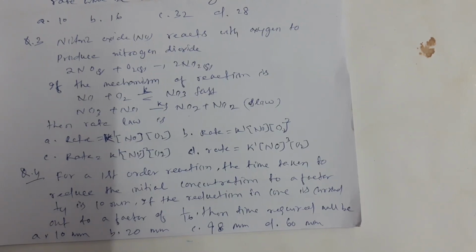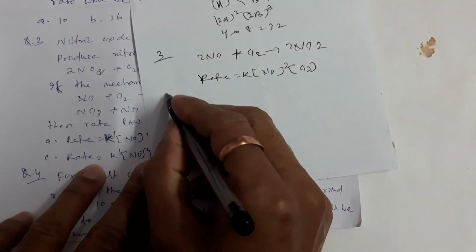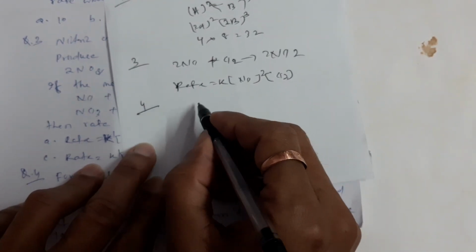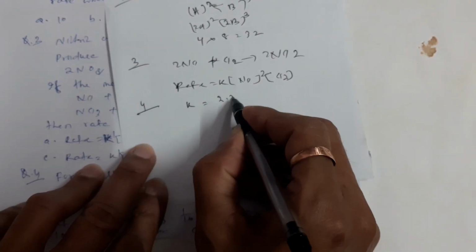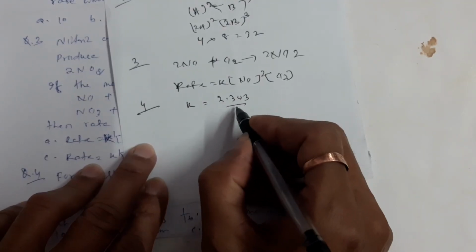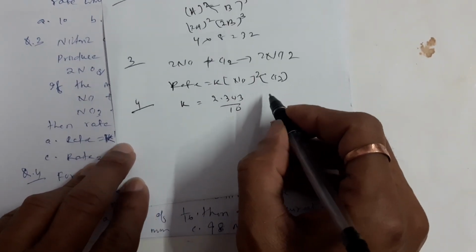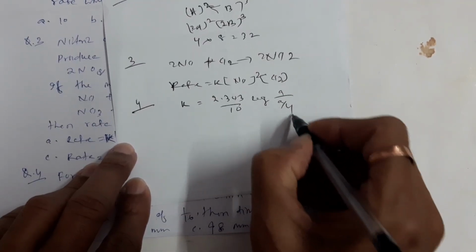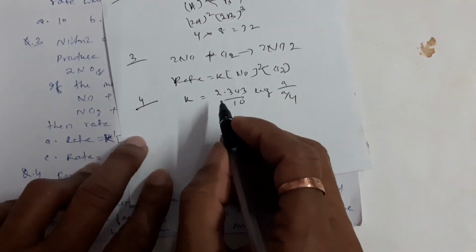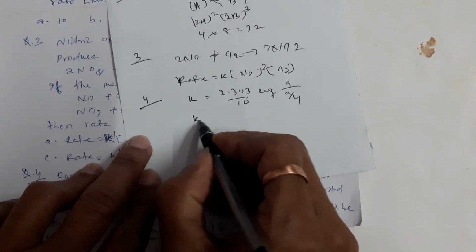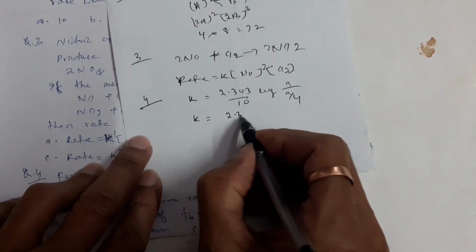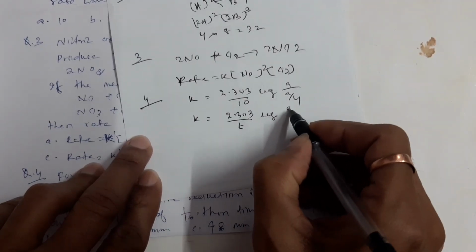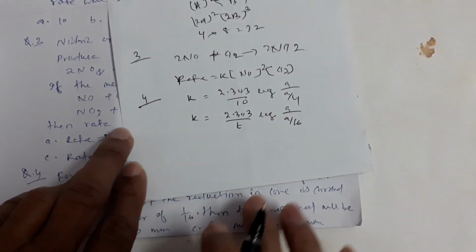You see, K is given by 2.303 by 10 log A by A/4. Then K is equal to 2.303 by t log A by A/16. So this is the case.